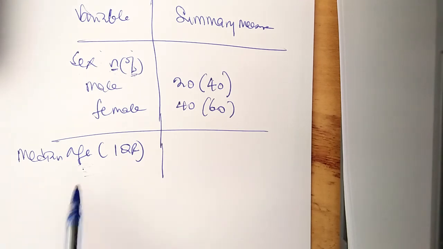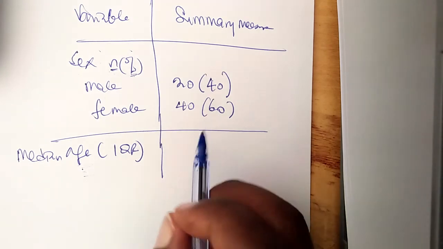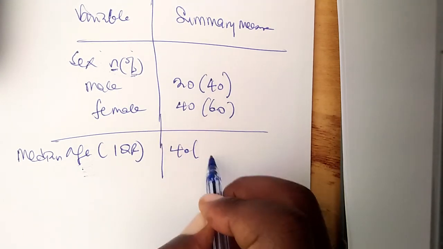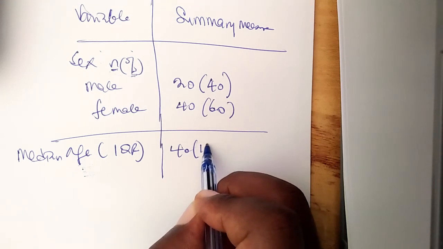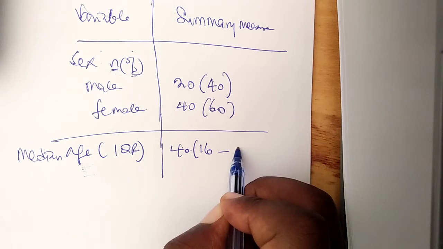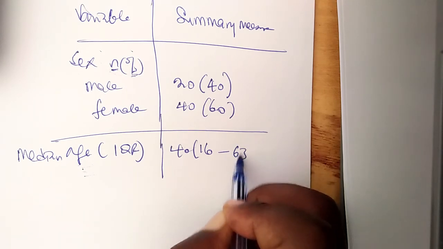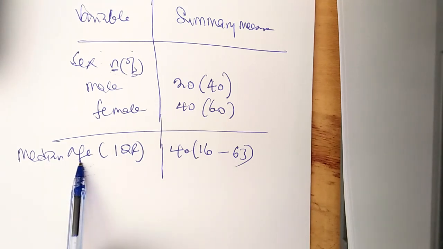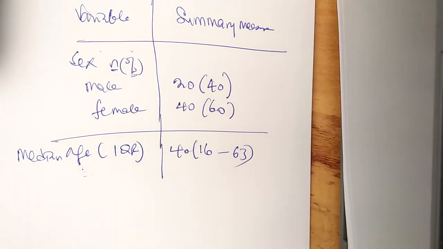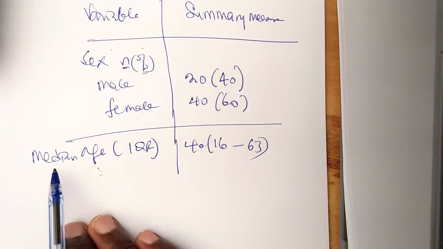If for a data set you compute both mean and median and they are not approximately equal, that data set is non-normally distributed. So I can say median age is 40, and the lower quartile is 16 and the upper quartile, or the third quartile, is 63. This variable is numerical, but I have also presented it using a table. So you see how to make life interesting.